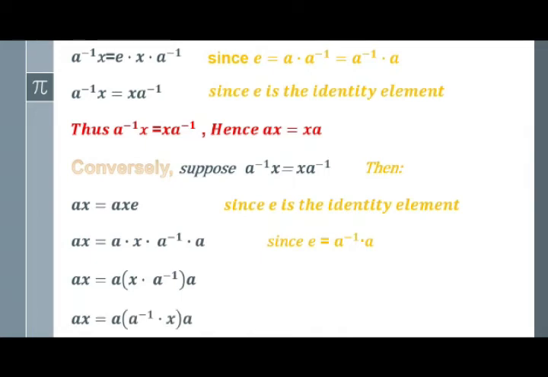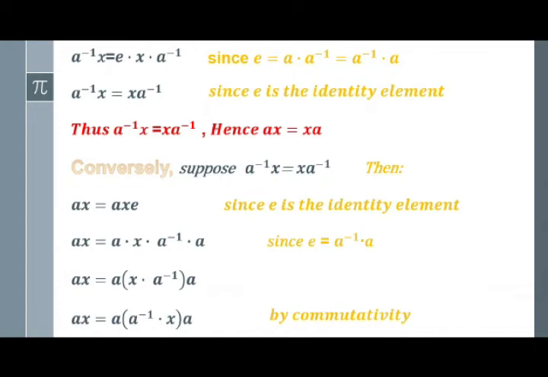AX is equal to A times A inverse times X times A by commutativity. And we say things are commutative if A inverse times X is the same as X times A inverse.